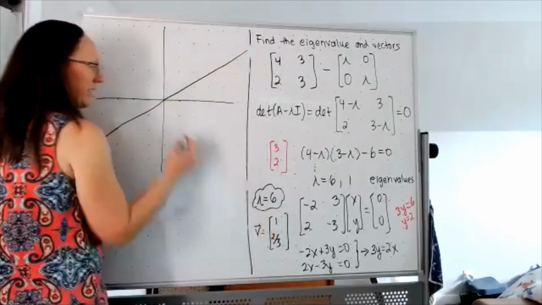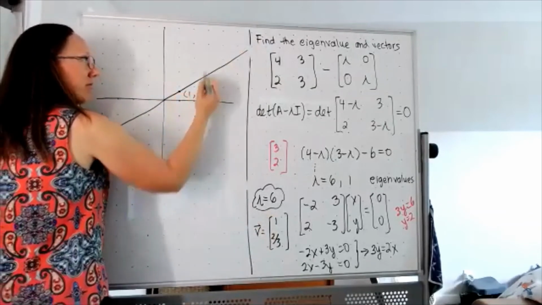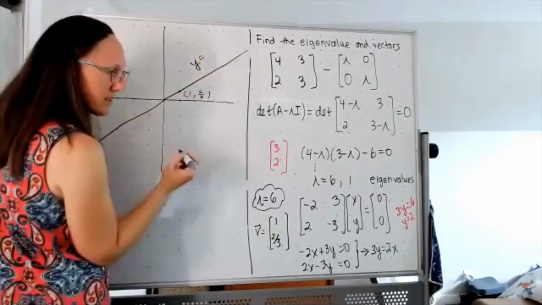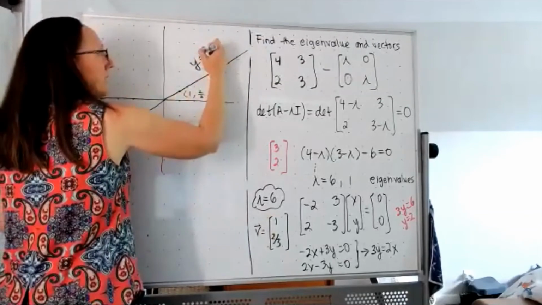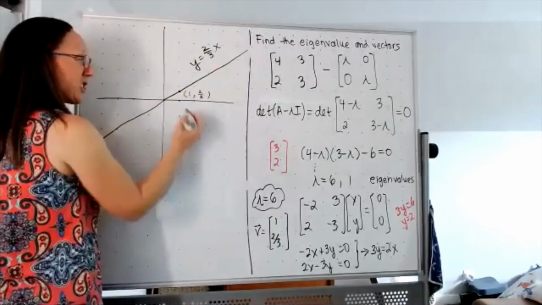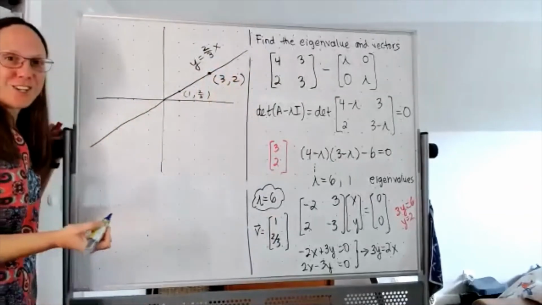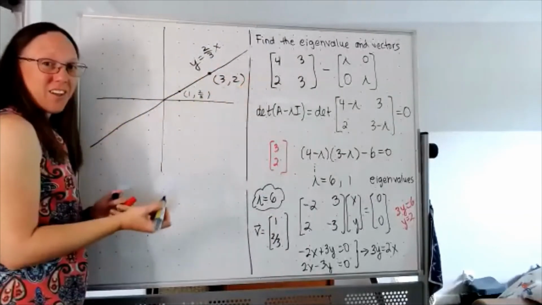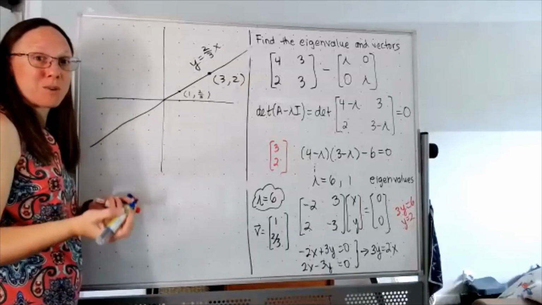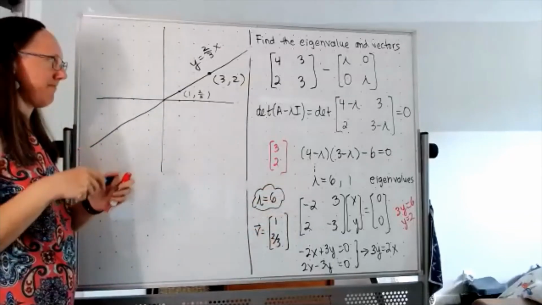And the point (1, 2/3) is on that line. Right, this is my y equals 2/3 x. And the point (3, 2) is also on the line. So any point that's on that line does represent the coordinates for an eigenvector.